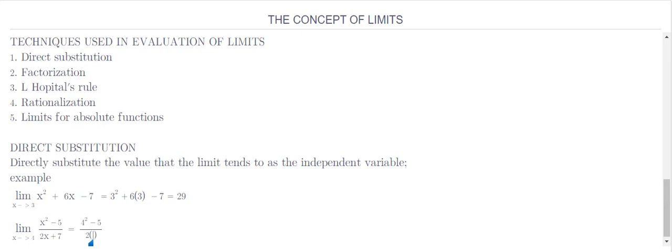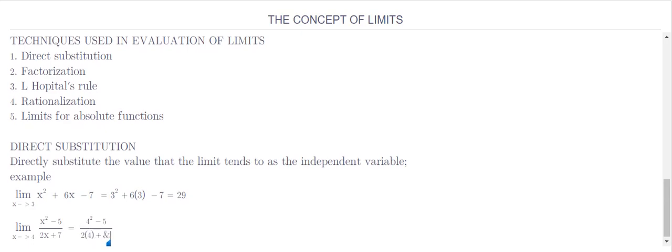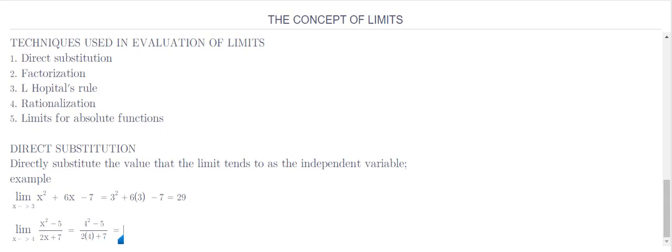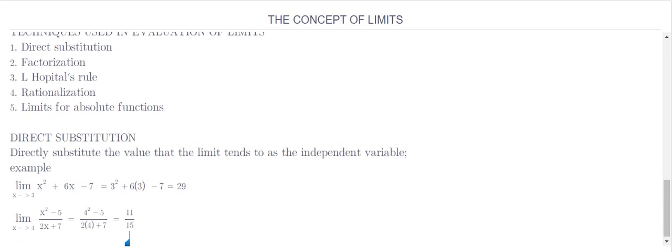Of course I tend to use brackets mostly. Just directly substitute. That is all about direct substitution. When you do that, you will be able to get something like 11 out of 15. As simple as such.